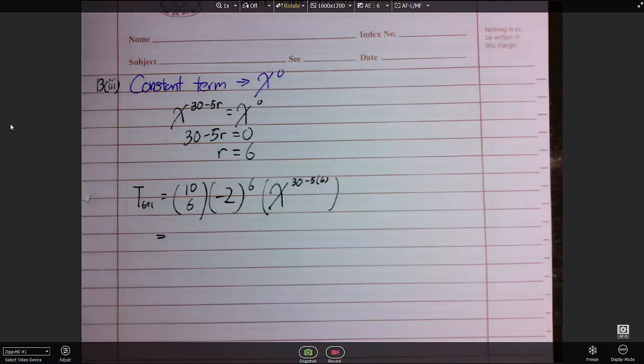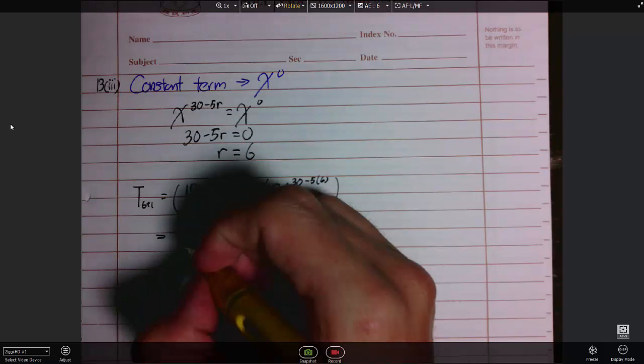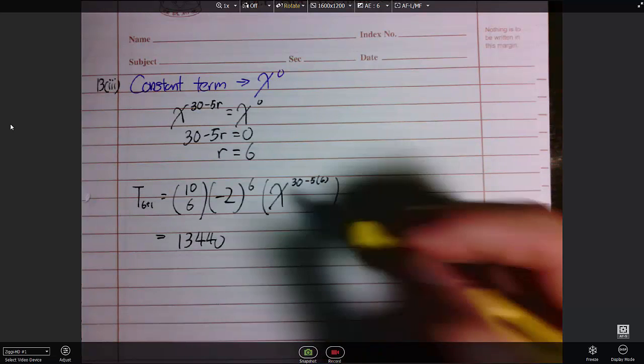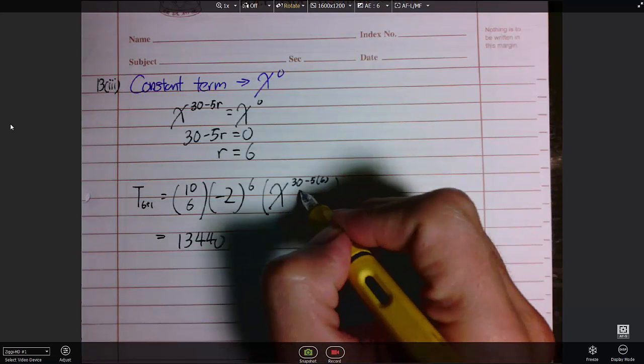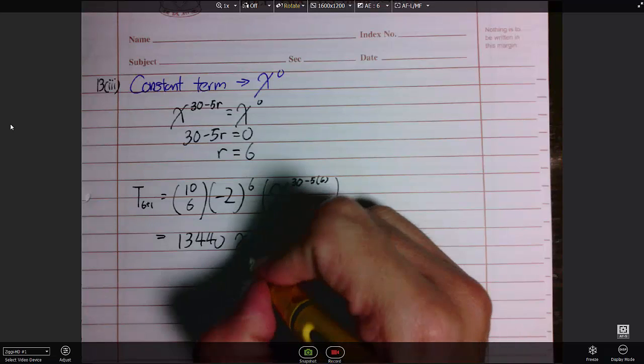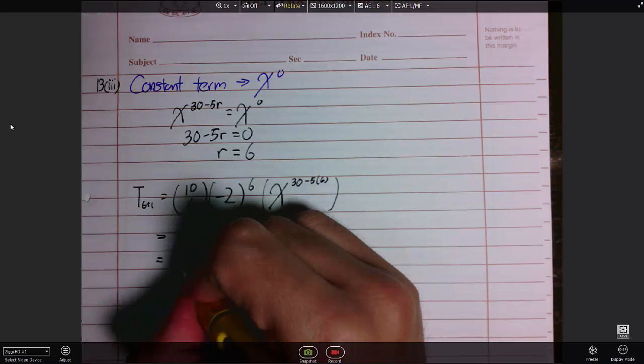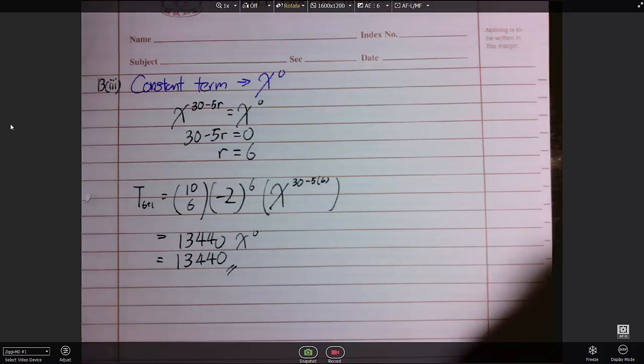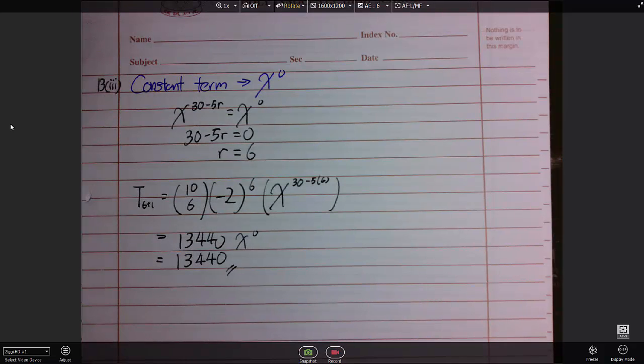If you key everything into your calculator, you will get 13440. x to the power of 30 minus 30 is x to the power of 0. So the constant term is simply 13440. And that concludes question 13. I think question 13 is quite a good question for us to illustrate the use of the general term and the constant term.